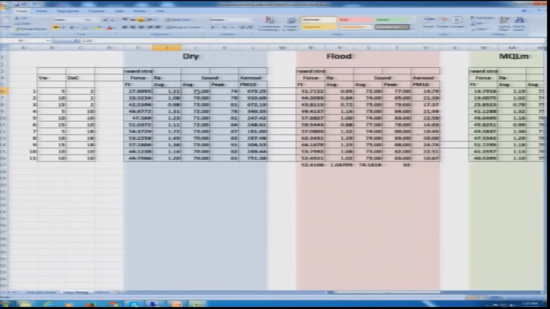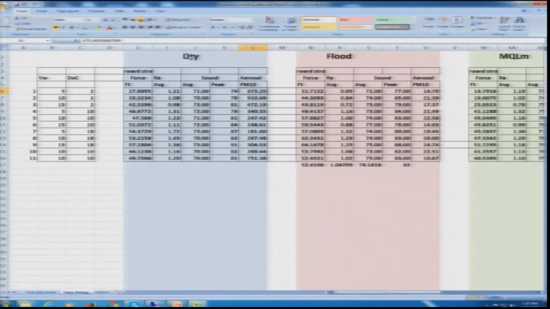And this is my sound, average sound for each treatment here, and peak sound here for each treatment, and PM10 value. This is the value of the aerosol particles that are there.